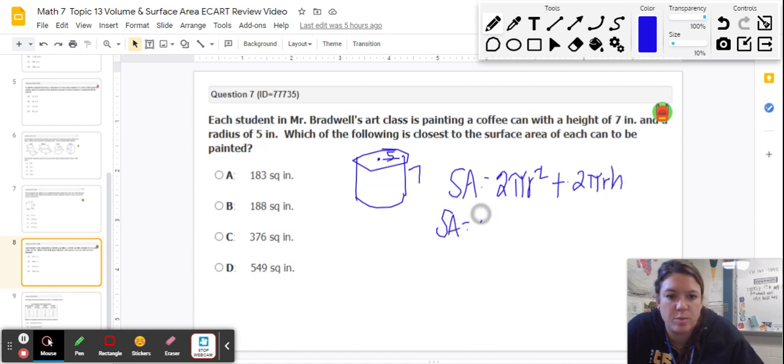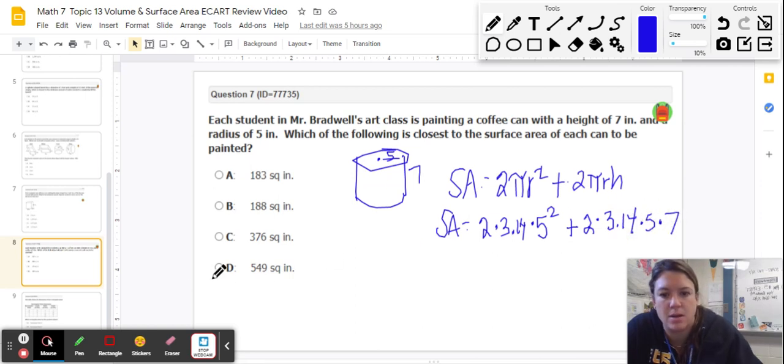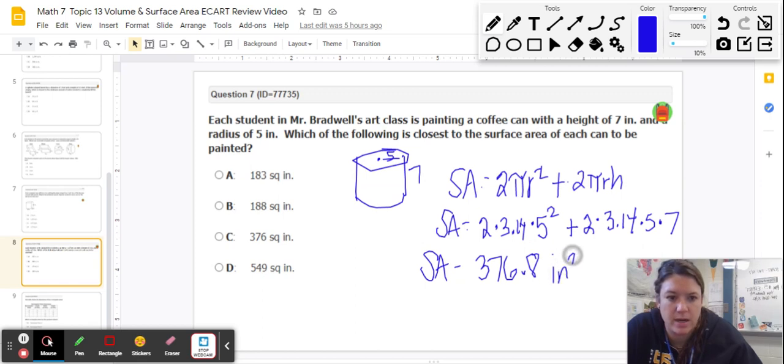So in Desmos, I'm going to put 2 times 3.14, follow the formula, times the radius squared, which is 5 squared, plus 2 times 3.14 times the radius, which is 5, times the height, which is 7. Go ahead and put that in Desmos and see what you get. All right, guys, did you get 376.8 square inches? And that's going to be C.